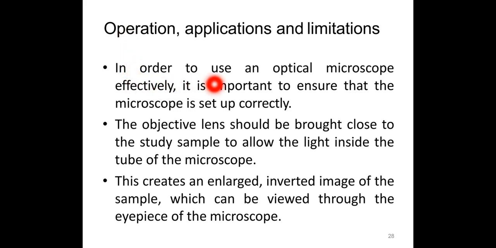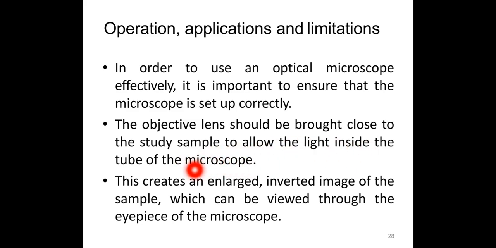In order to use an optical microscope effectively, it is important to ensure that the microscope is set correctly. Before viewing an object through the optical microscope, first we have to set it correctly. The objective lens should be brought close to the study sample to allow light inside the tube of the microscope.